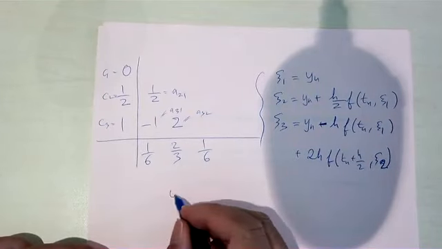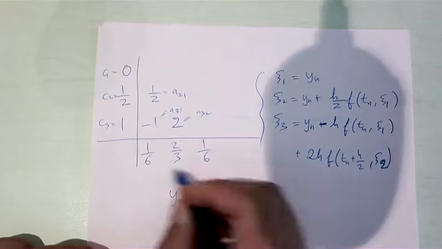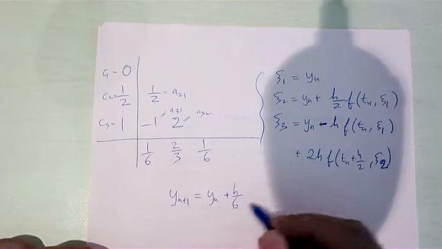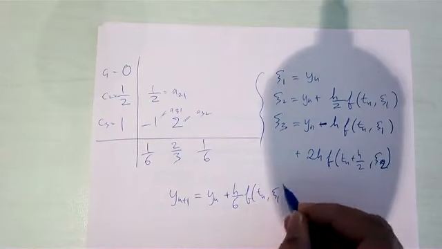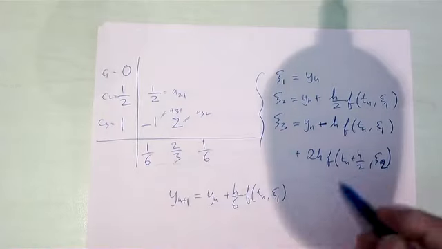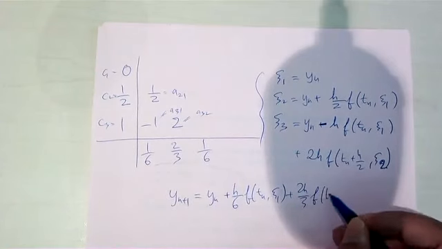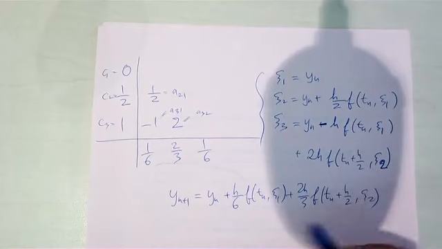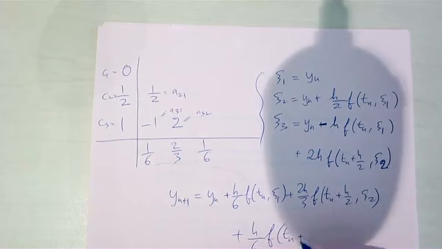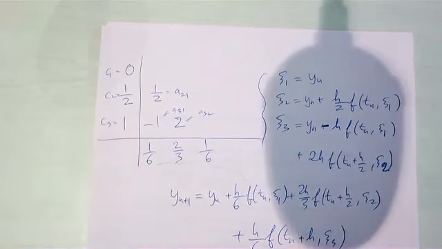And then you have Yn plus 1, it's just Yn plus H over 6 F Tn psi 1, so 1/6 comes here, then 2H over 3 F Tn plus H over 2 psi 2 plus H over 6 F Tn plus, so C3 is H, psi 3.